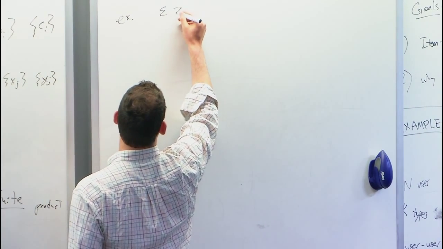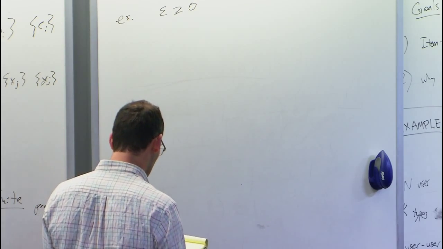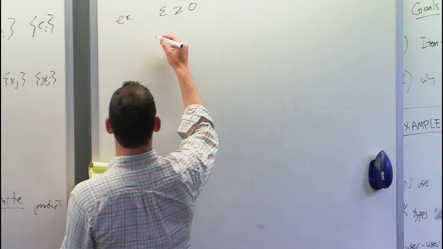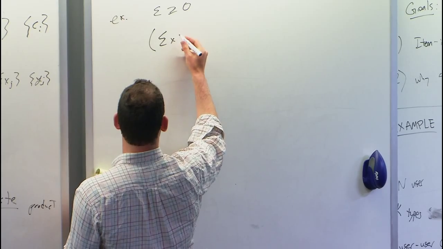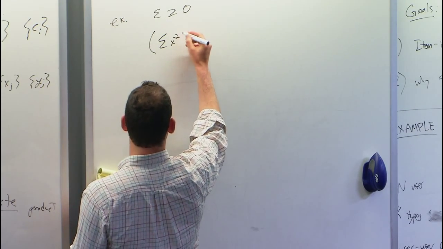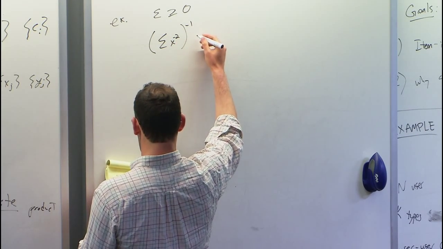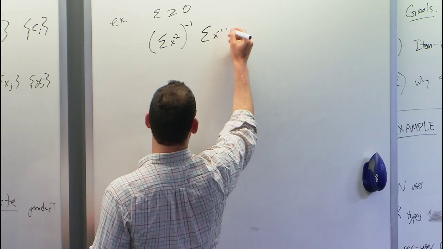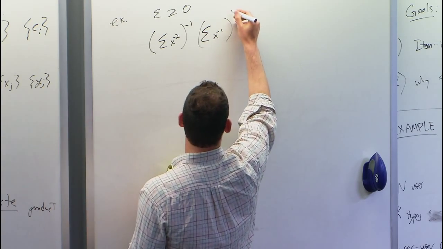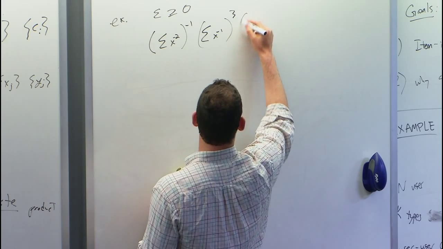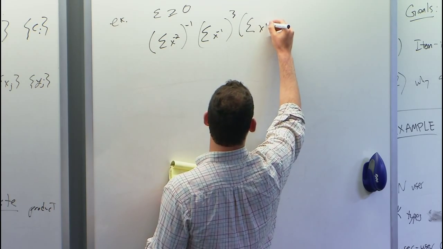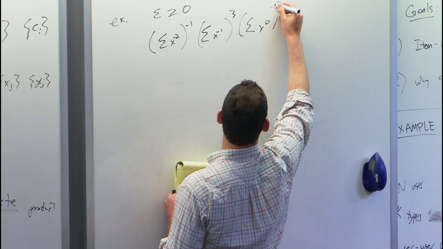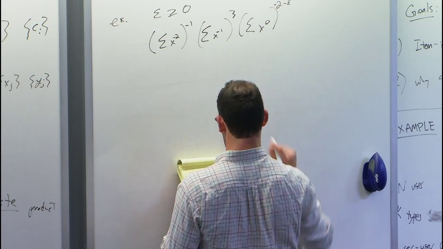So for some epsilon that's greater than or equal to 0, consider the following thing: the sum of x to the minus 2, times the sum of x to the minus 1, to the 2, minus 2 minus epsilon.